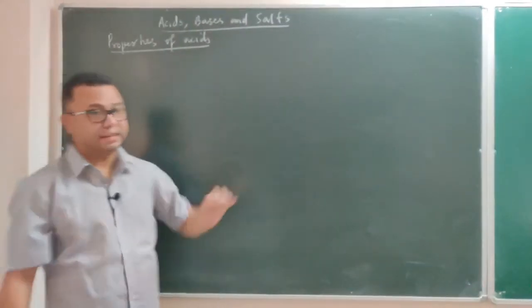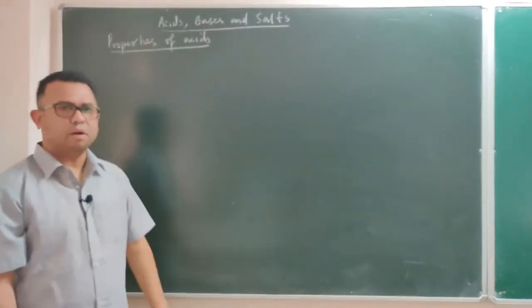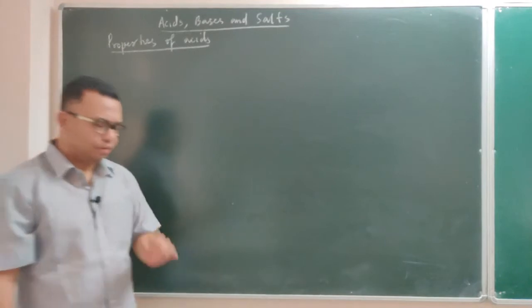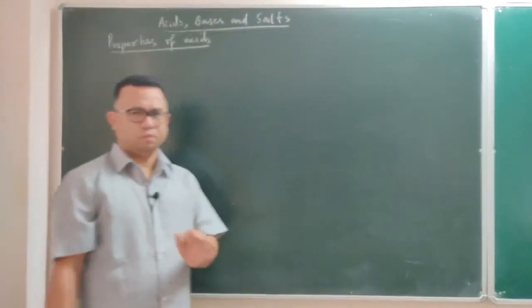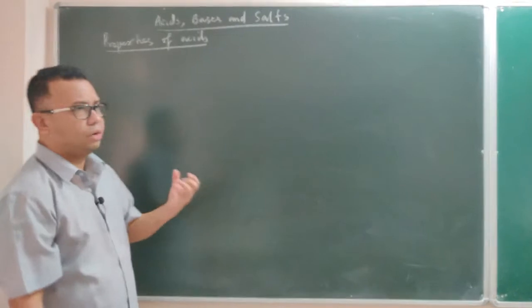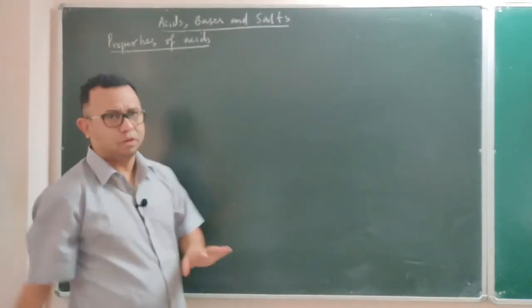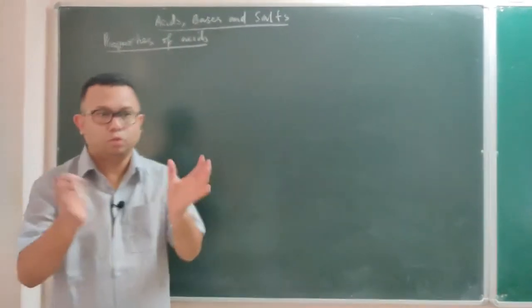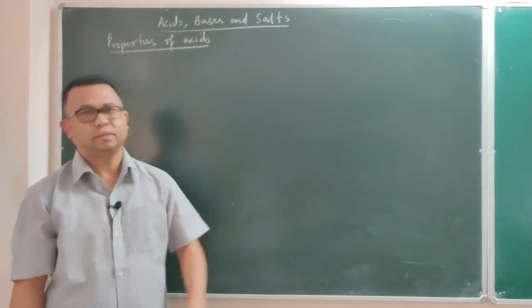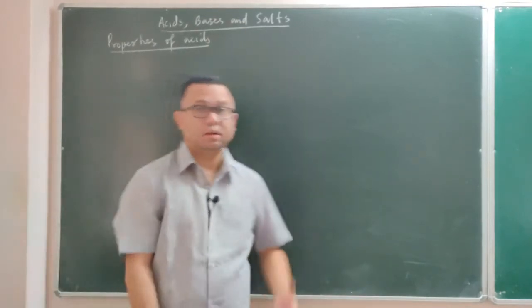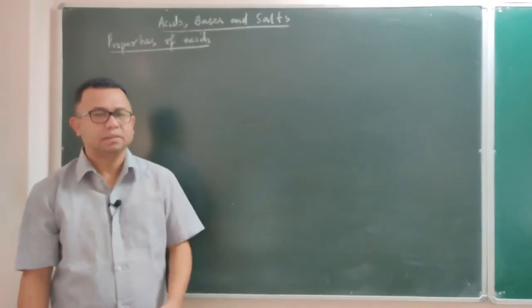But since I wrote the heading as properties, let me discuss physical properties as well as chemical properties. Physical properties of acid, I think I discussed already with you last time, so let me not write them. I will just tell you verbally how they smell, what their taste is, what their appearance and colors are.